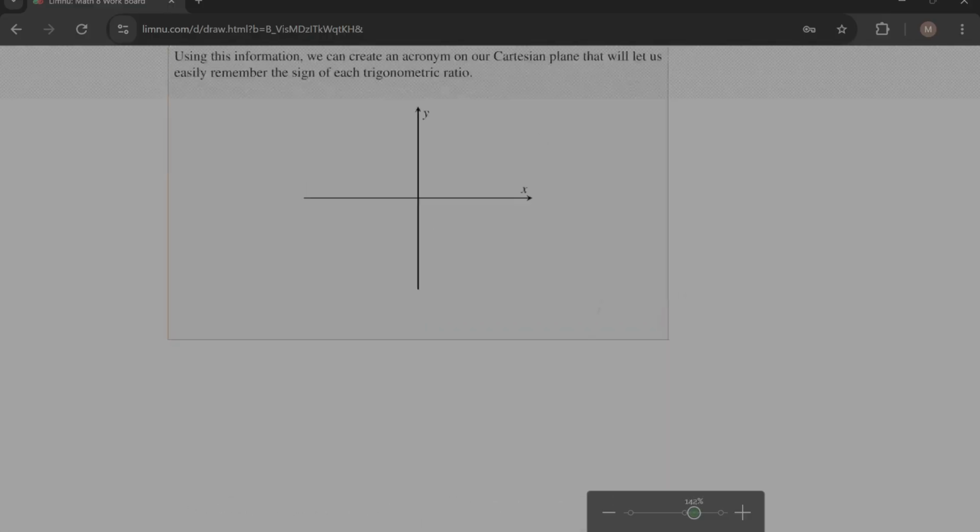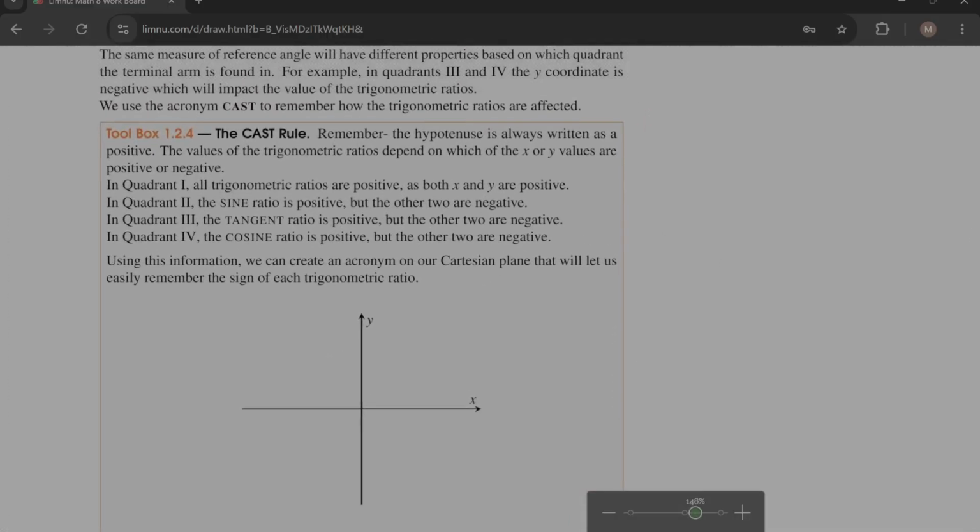Okay, so one other really helpful way to think of our Cartesian plane for remembering this is that if I am using my x and y values, my ratios will have a pattern of when they're positive and when they're negative. So over here in quadrant 1, x is positive, y is positive, and our radius is always positive.